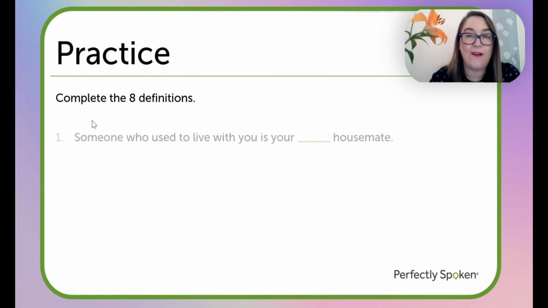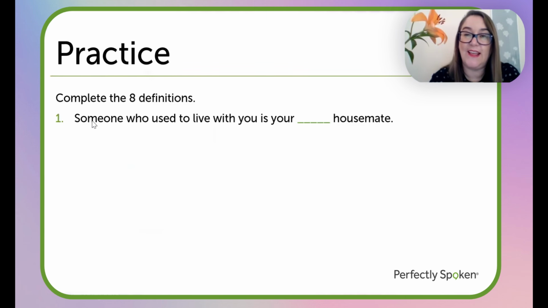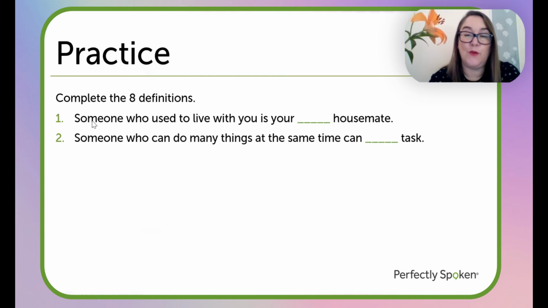So here we have 8 definitions. Let's see if we can complete them with a prefix. Someone who used to live with you is your blank housemate. What do you think? Someone who can do many things at the same time can blank task. Someone who works too much is blank worked.